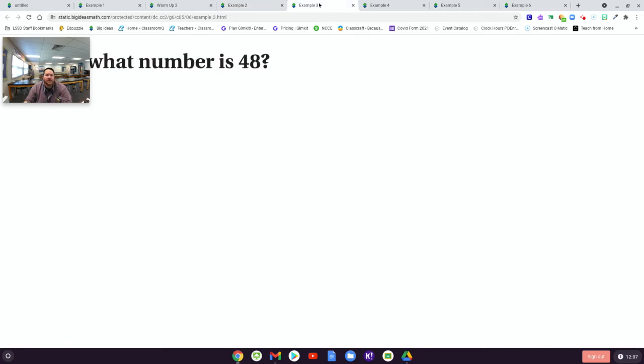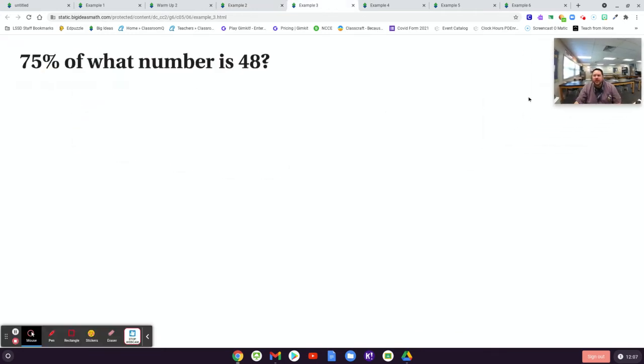Okay, so this one, notice, it's not 70% of a given number. They're saying 70% of what number is 48? In this case, we're not multiplying to get the answer because we don't know what this number is. So for this one, we're actually going to divide.